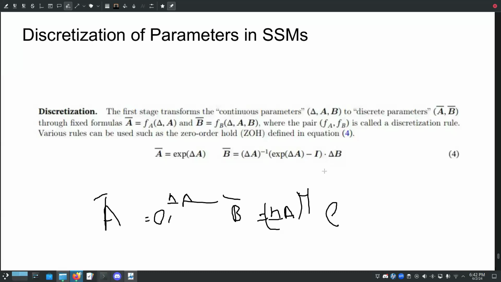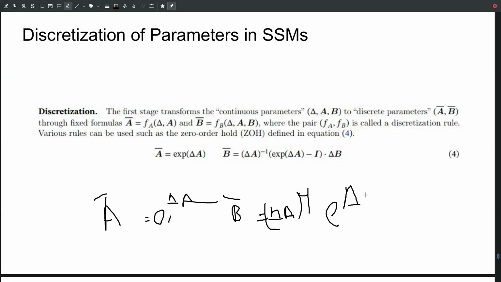So B bar is exponentiating delta A, minus I, times delta B. So this is it.